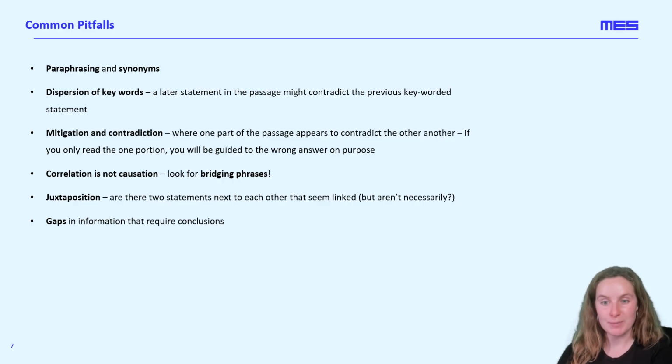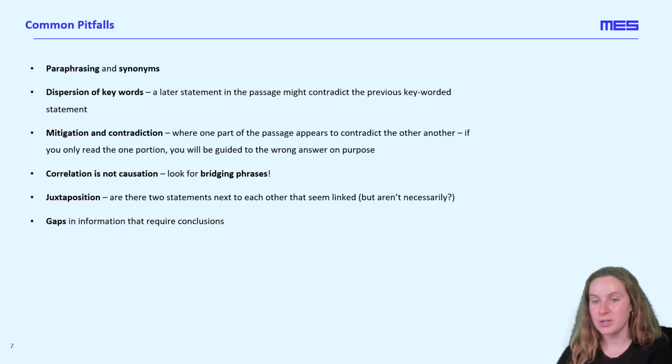There's also a possibility of the dispersion of keywords. So if you've got a really good keyword that pops up once, twice, 3 times in a passage, be careful that you're clocking every time that it comes up, because later in the passage something may contradict the previous mention of it.